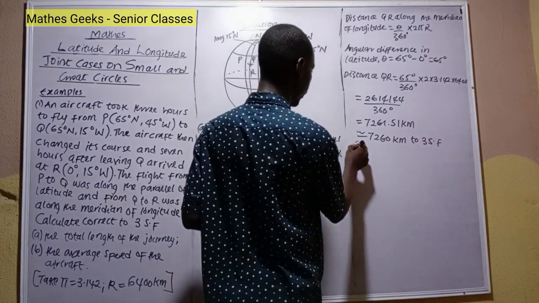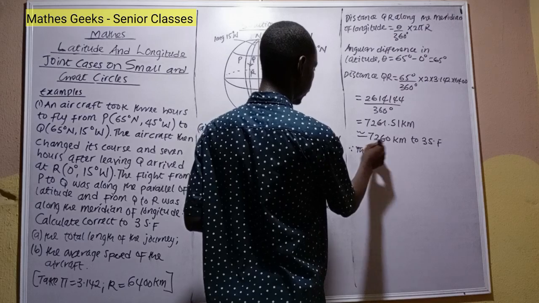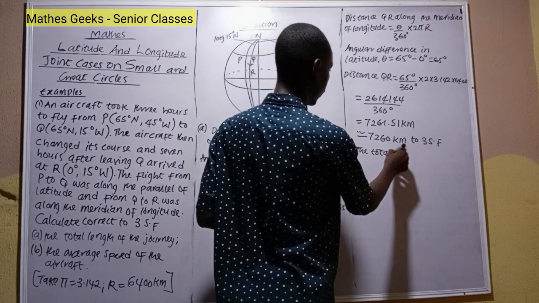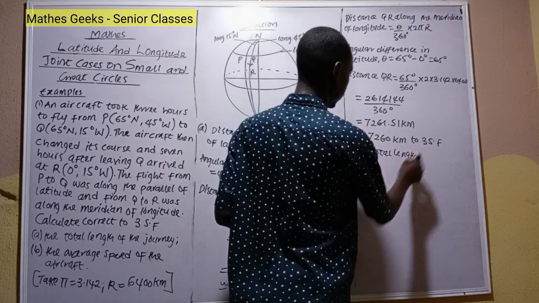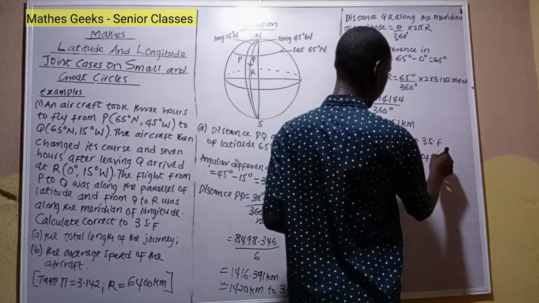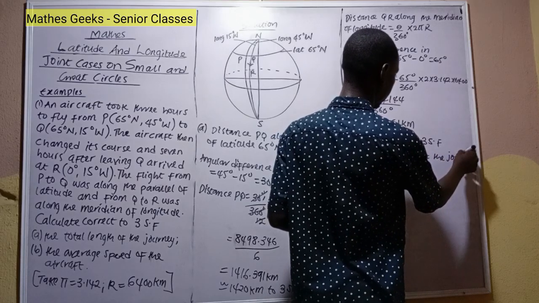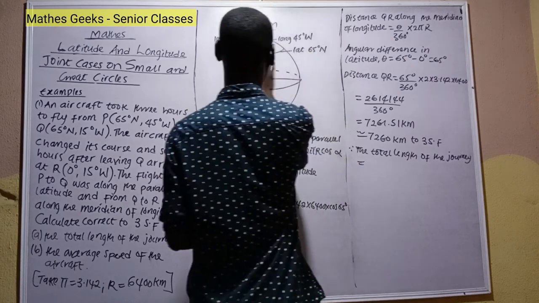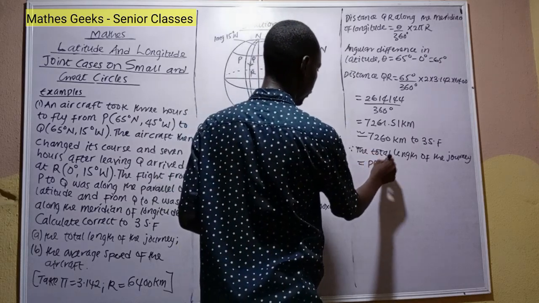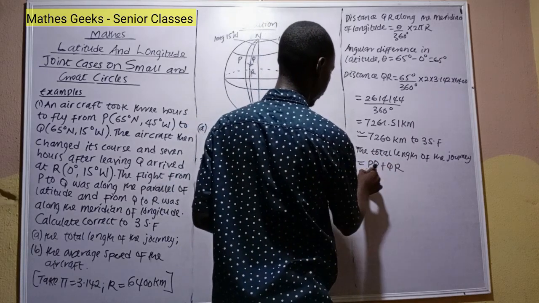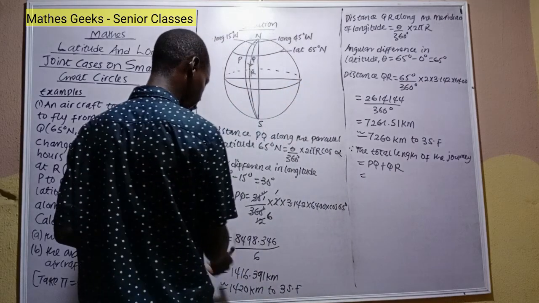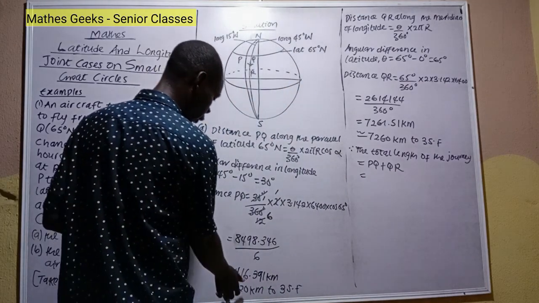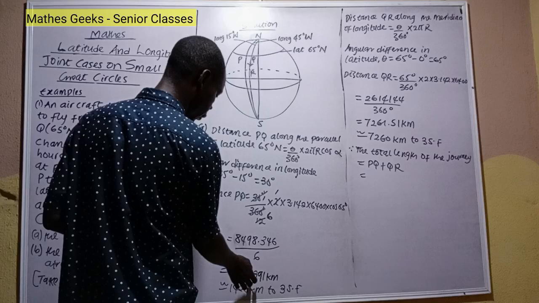So therefore the total length of the journey is equal to distance PQ plus QR. I'm not going to work with the approximated value, I'm going to work with the main value.